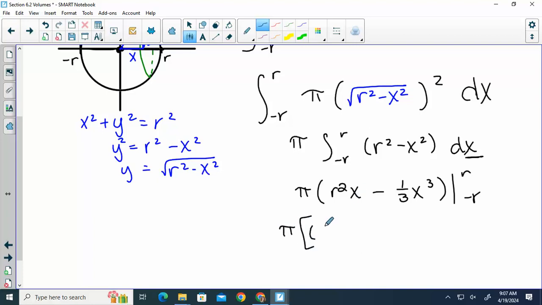If I put in an r, we get r cubed minus r cubed over 3. We put in a negative r, we get negative r cubed plus r cubed over 3.